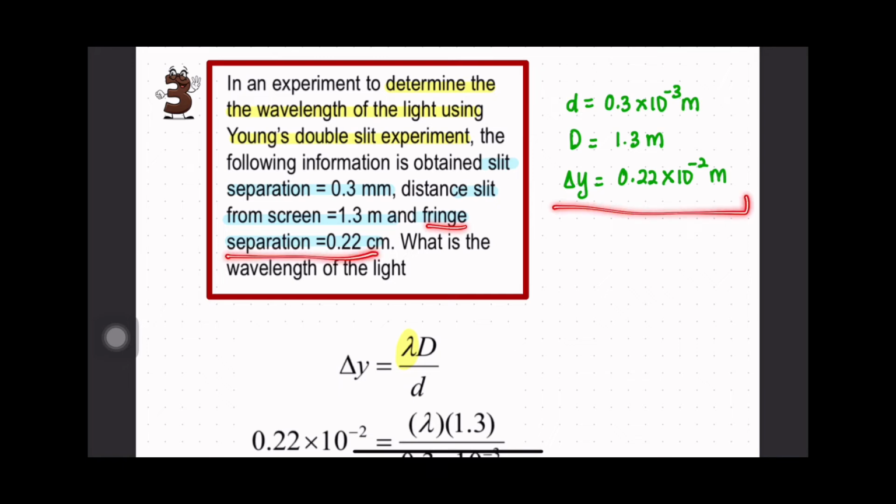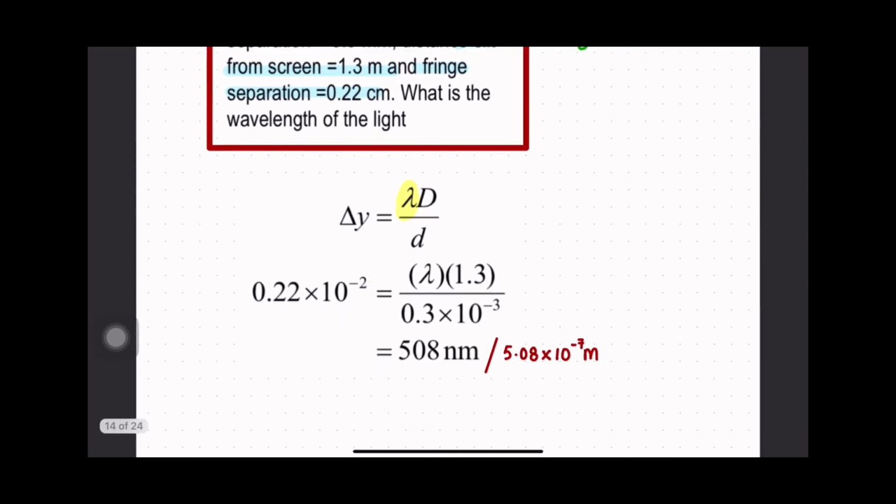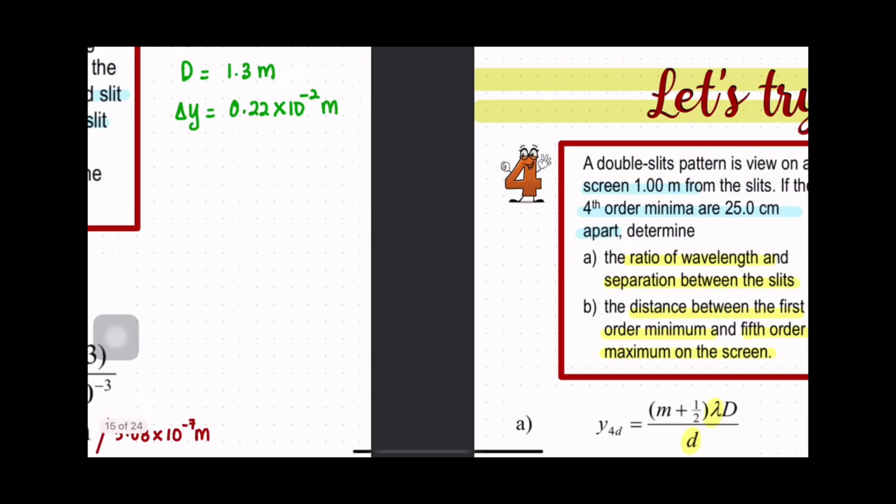So kita terus guna delta Y lah, dia tak cakap order berapa. So fringe separation ni maksudnya dia tahulah consider antara jarak daripada bright to bright fringes ataupun dark to dark fringes, consecutive or adjacent. Okay, so substitute the value. So wavelength we get is 508 nanometer or 5.08 times 10 to the power of negative 7 meter.